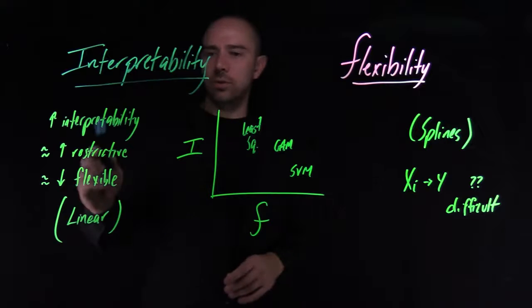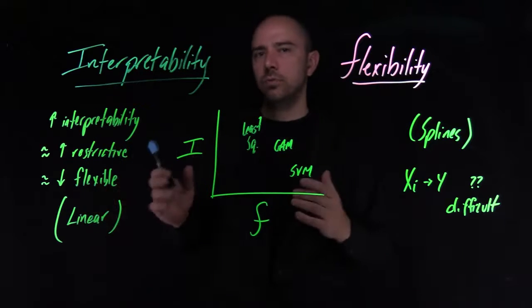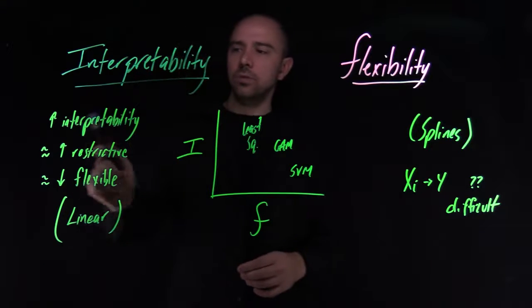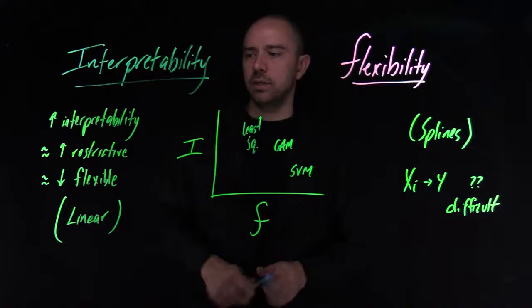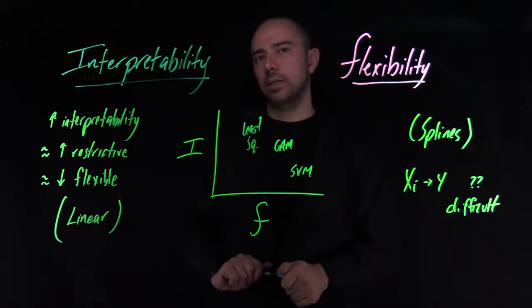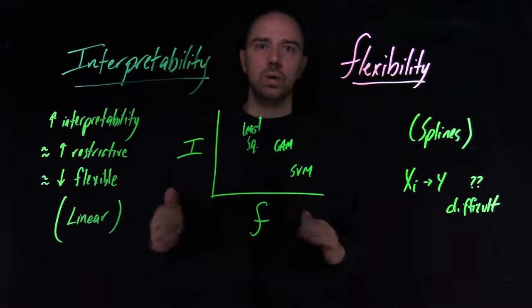So the more interpretability you have, in general, there's a little bit of wiggle room here, but it is pretty much a give and take. The more interpretable a model is, the more restrictive a model is, and the less flexible a model is. So linear models are extremely important. They're widely used.